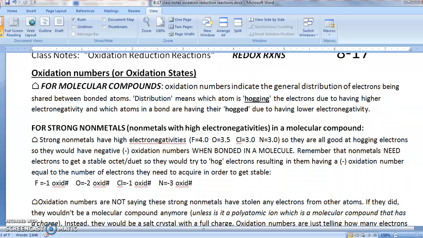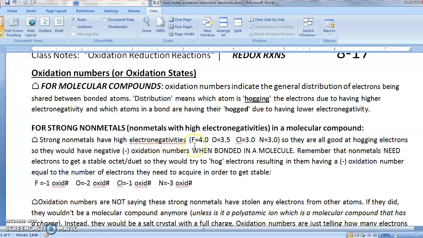So if an atom is pulling 2 electrons to it, it would have an oxidation number of -2. If an element like fluorine is only pulling 1 electron to it, it would have an oxidation number of -1. Strong nonmetals in a molecular compound would have, again, a negative oxidation number.